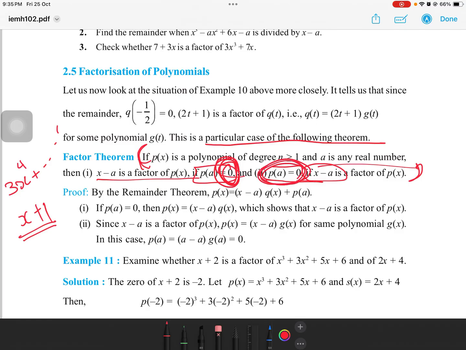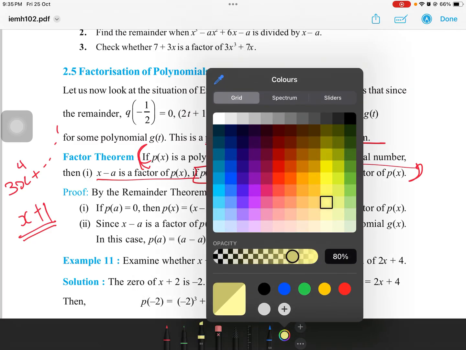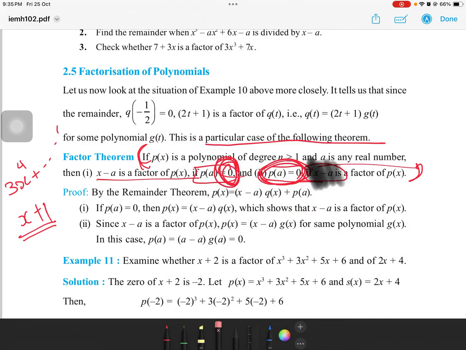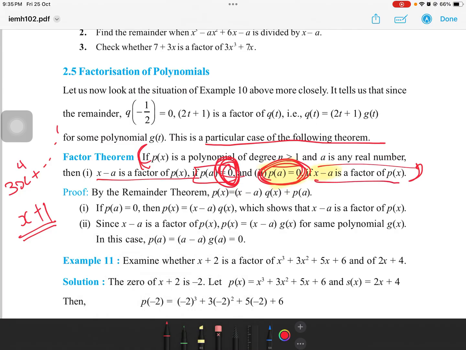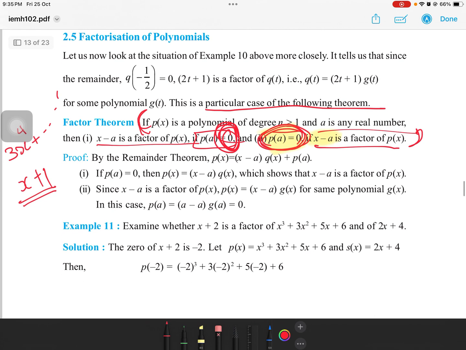And if you get a remainder p of a equal to 0, then by all means, if p of a is equal to 0, then x minus a is a factor of p of x.